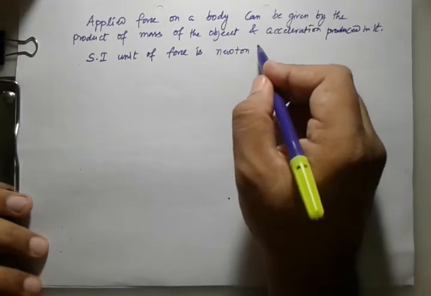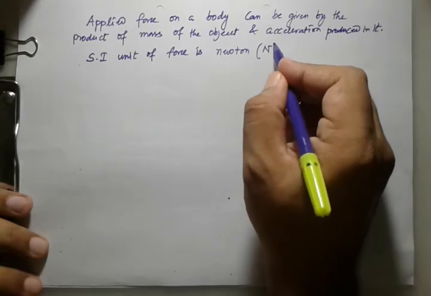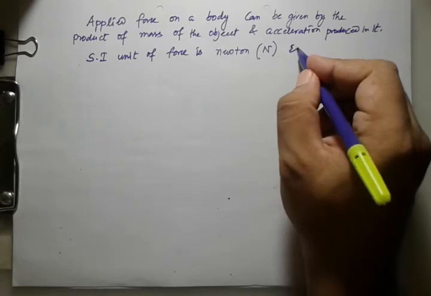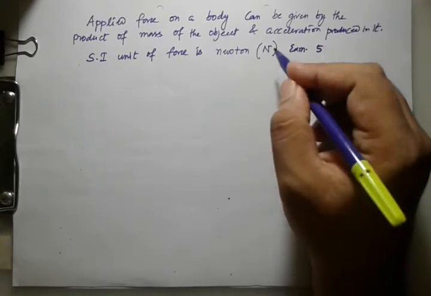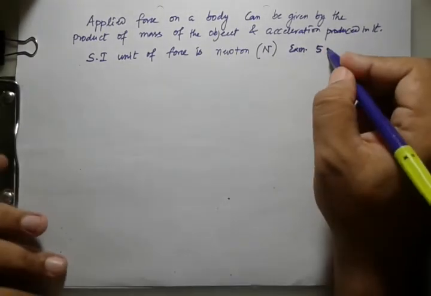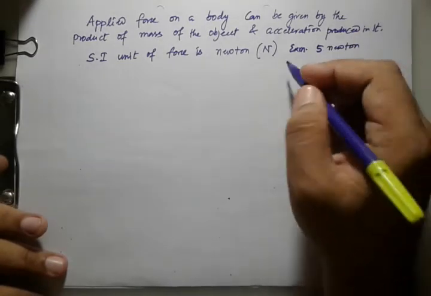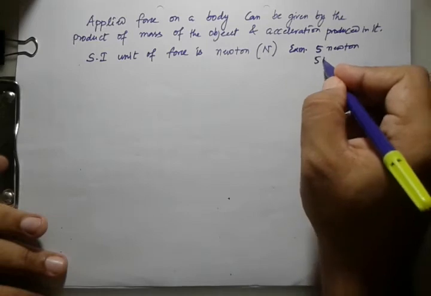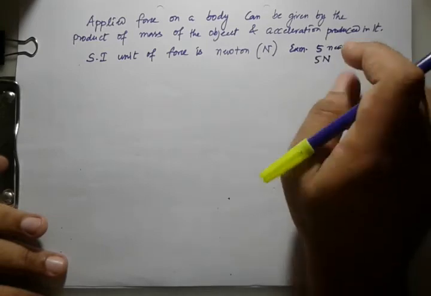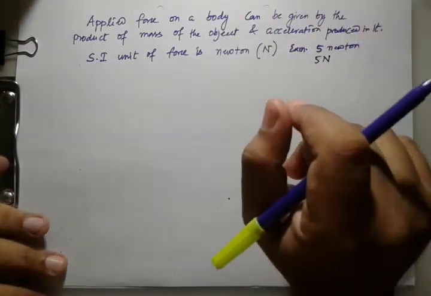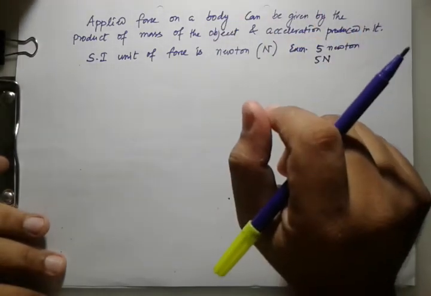But if you write the short form, you put a capital N. For example, 5 newton: if you write the whole name, you write newton, or in short form, 5 N. This unit is named in respect of the scientist who discovered this law.